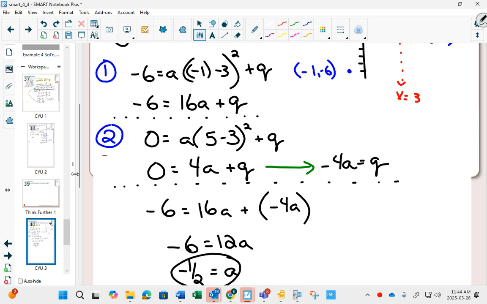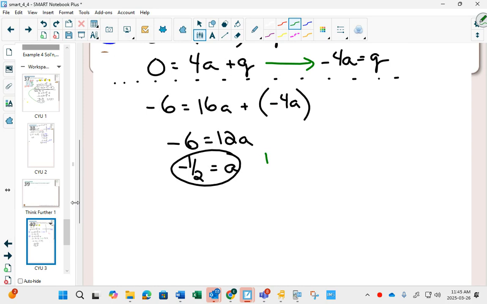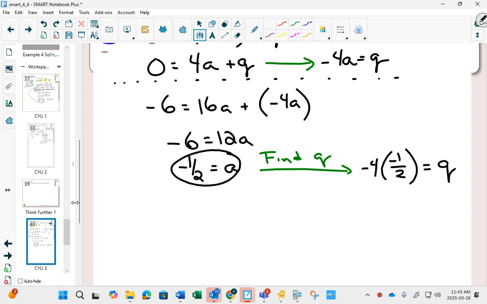Once you have a, you could either use equation 1 or equation 2 and find q. So that's what I'm going to do next. I'm going to find q. I would probably use that negative 4 times a is equal to q. That's just taking this equation here and plugging in my a value.